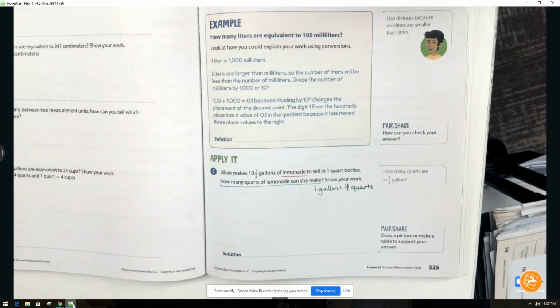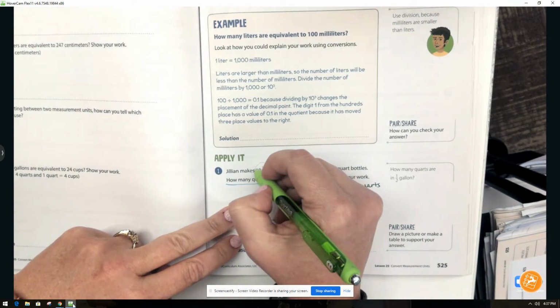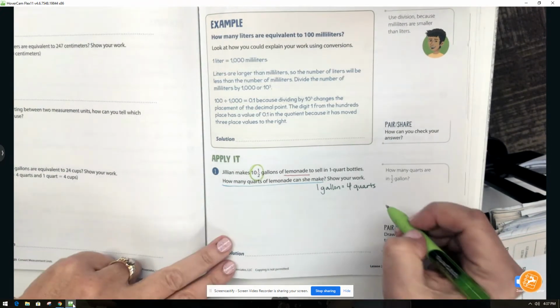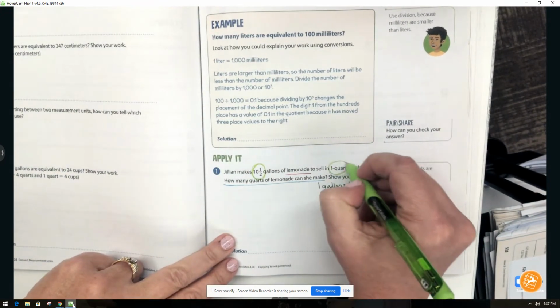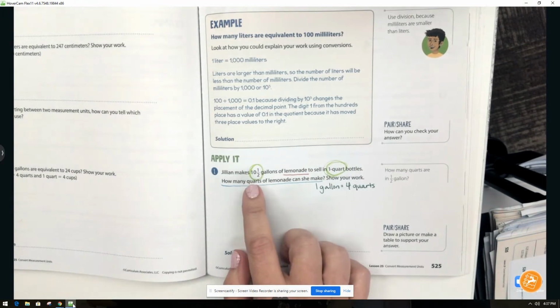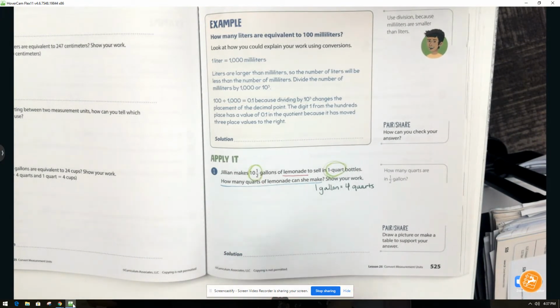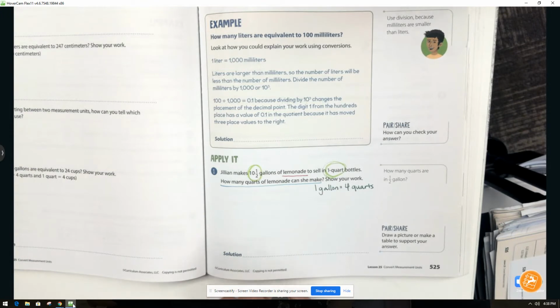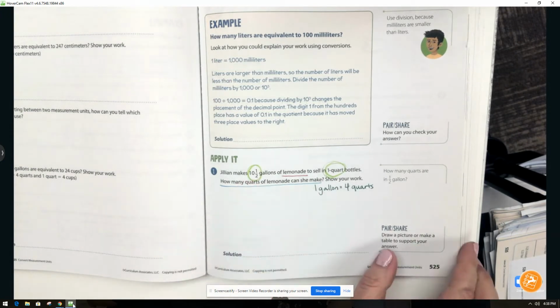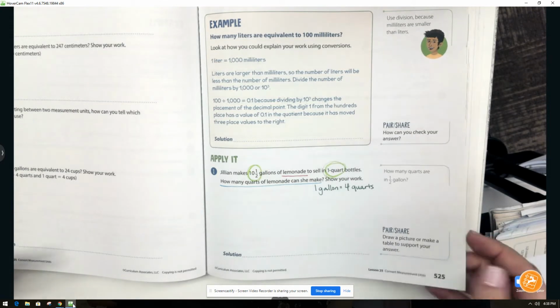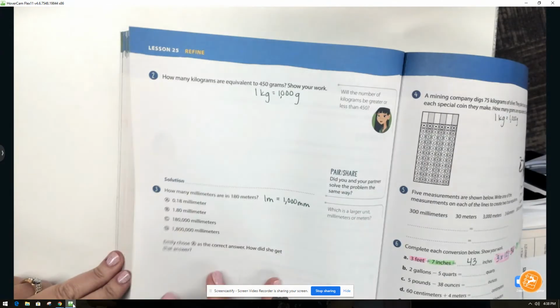The important information in this problem is that we know that she has 10.5 gallons and she makes them into 1-quart bottles. So really what we need to figure out is how many quarts are there in 10.5 gallons. And then that's going to tell us how many quarts of lemonade she can make. So find out how many quarts are there in 10.5 gallons. Let's go ahead and go to the next page.